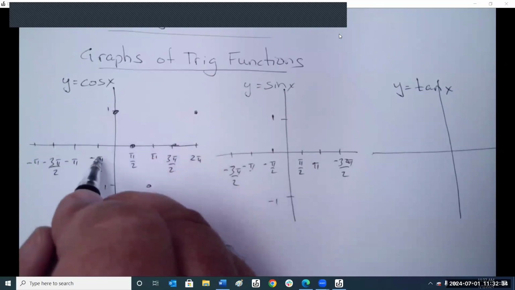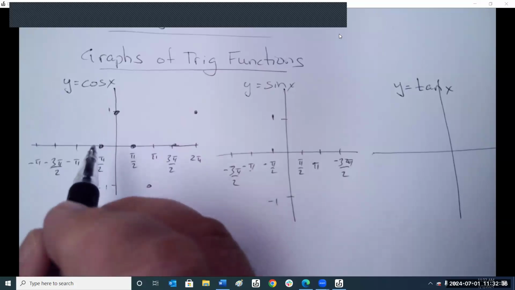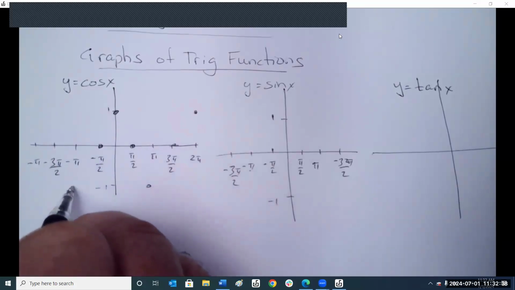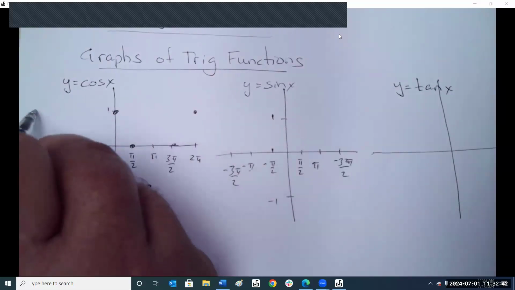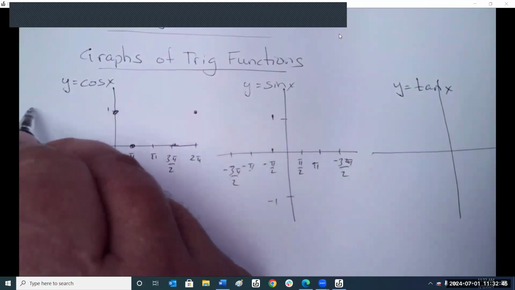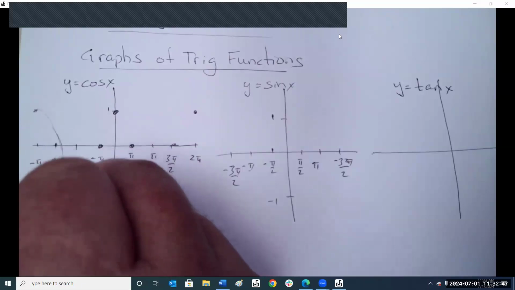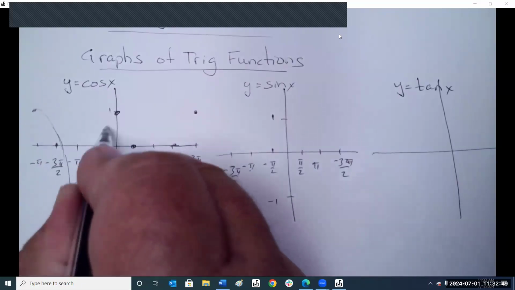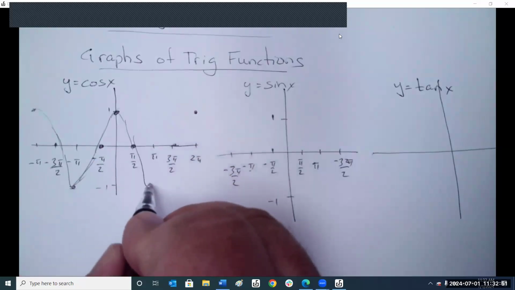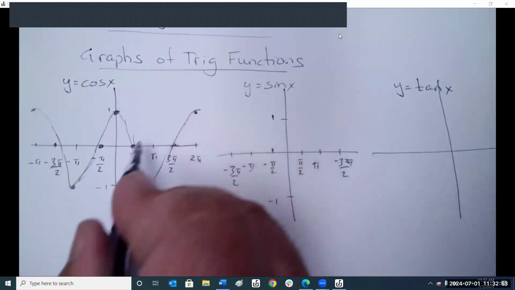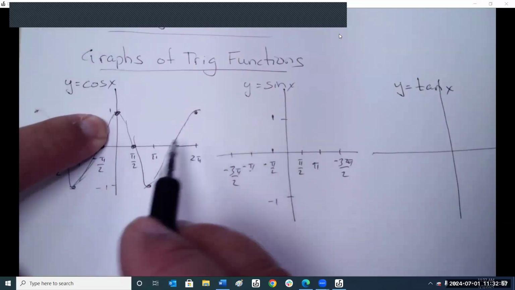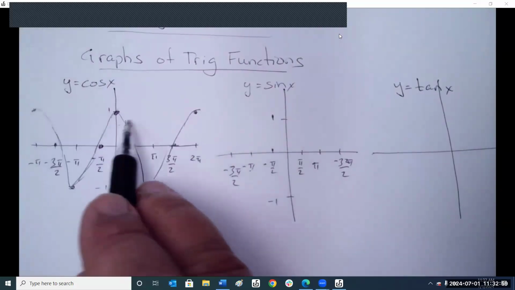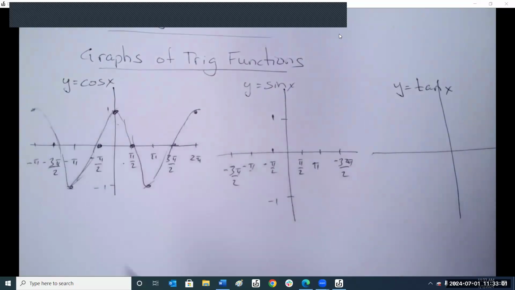So at negative pi over 2, at negative pi, -1, because it goes in the similar directions. This is why we say the period of cosine is 2 pi, because it repeats itself after 2 pi.